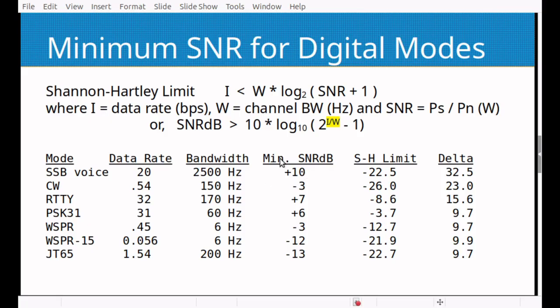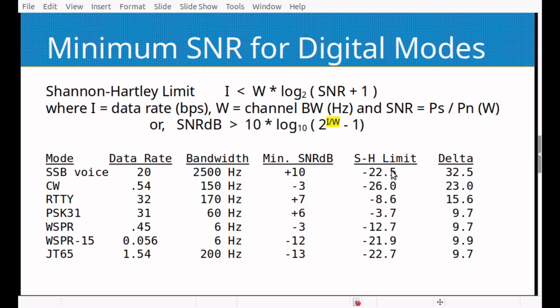Now I took the minimum SNR dBs from the previous chart, and these are supposed to be practical empirical measures of what the minimum SNR is for each of these modes. And I took the difference between those and the Shannon-Hartley limits. And what we find is these numbers.